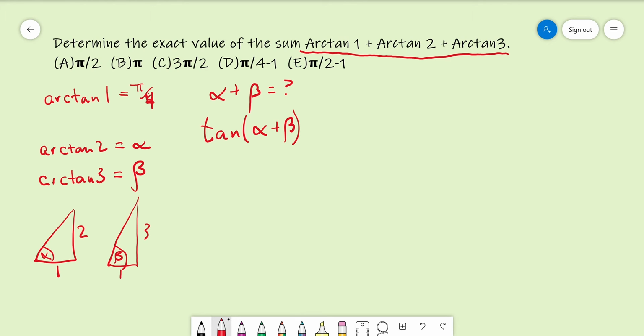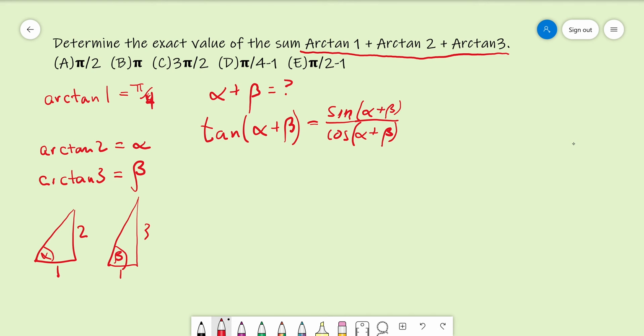Well, there's a sum of angle formula for tangent, but I don't remember it, but I do remember sine and cosine. So this is going to be sine of alpha plus beta over cosine of alpha plus beta.